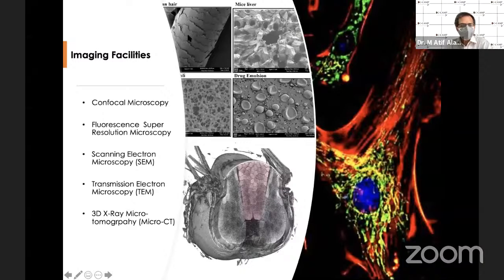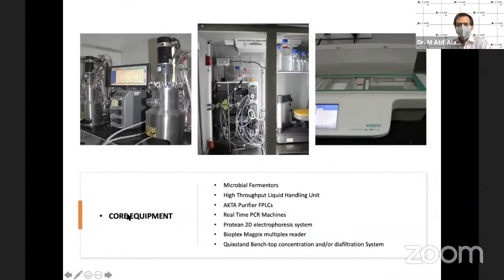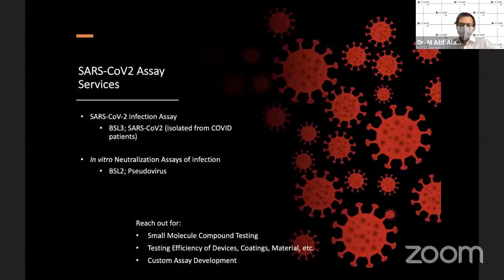And this is a hair, as well as you could do a whole organism imaging by the 3D X-ray tomography. And a couple of core equipment that are a constant requirement in any biological lab are also available and accessible to researchers.